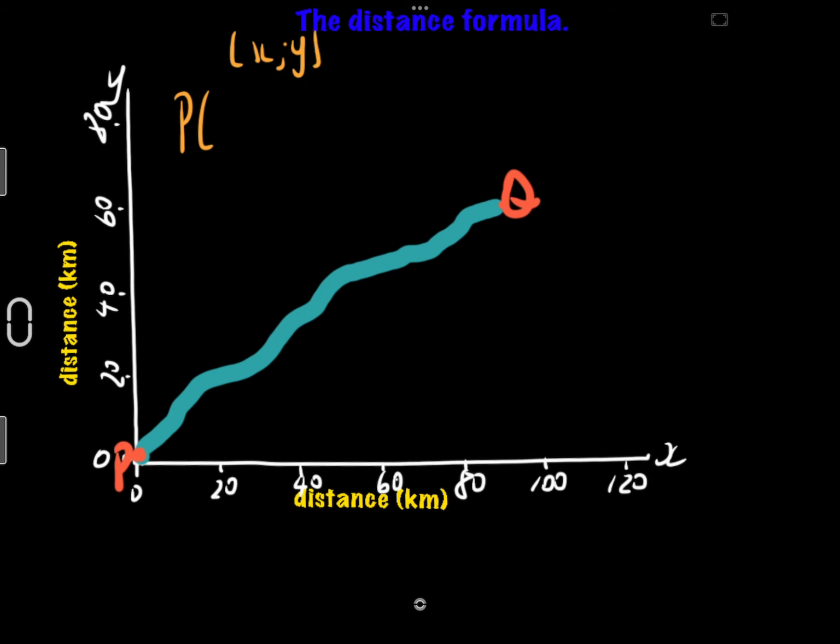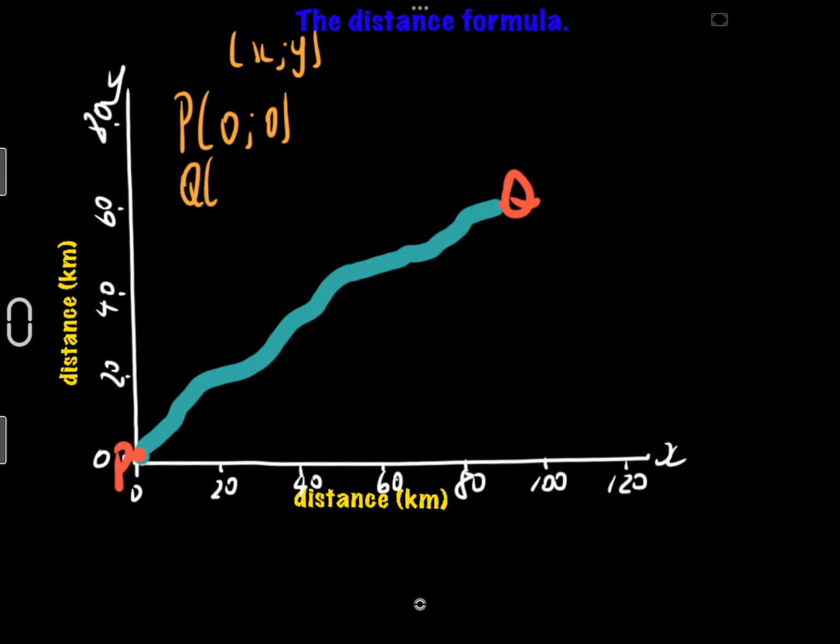Our coordinate system works in x and y. So we start with x first. So at P, or the origin, x in this case is 0, and then y is also 0. So we have x and y at P being 0 and 0.